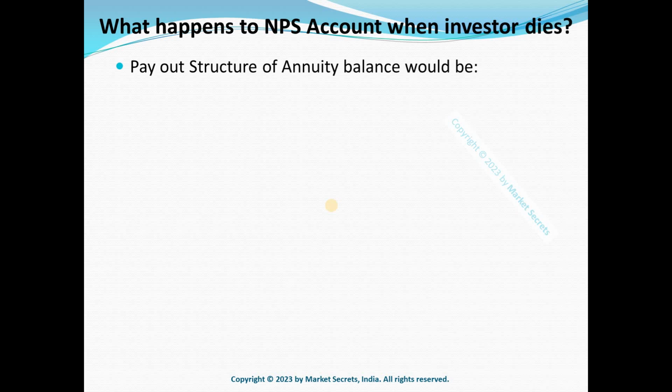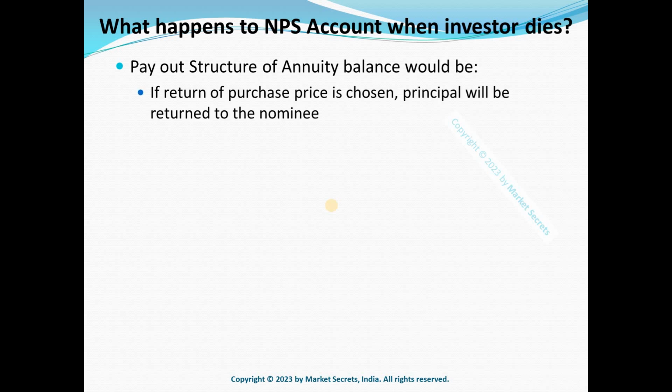Okay, so the payout structure of annuity plan would be based on the annuity purchase that the investor had done. So number one, if the subscriber had purchased the annuity plan with the clause of return of purchase price, so if the return of purchase price is chosen during the annuity purchase, then the entire principal amount will be returned to the nominee.